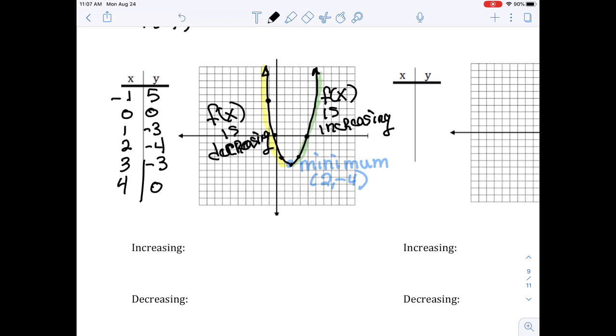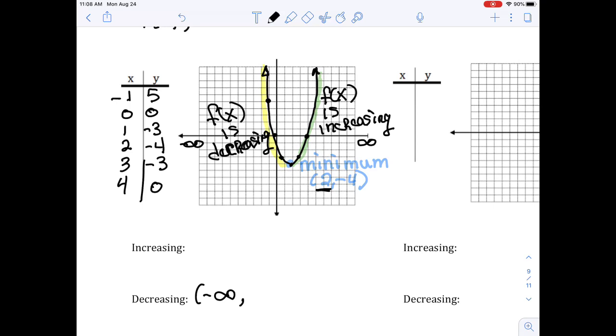So when you go to describe your increasing and decreasing, remind yourself, -infinity to the far left, +infinity to the far right. So the function is decreasing from -infinity up to that x value.